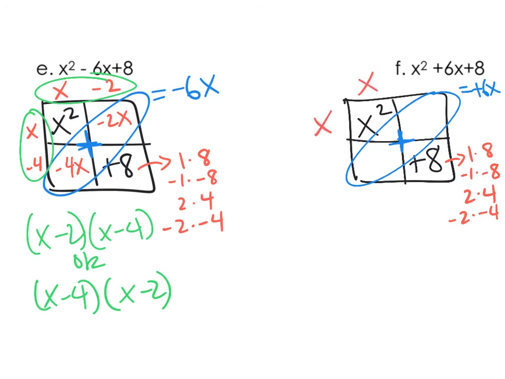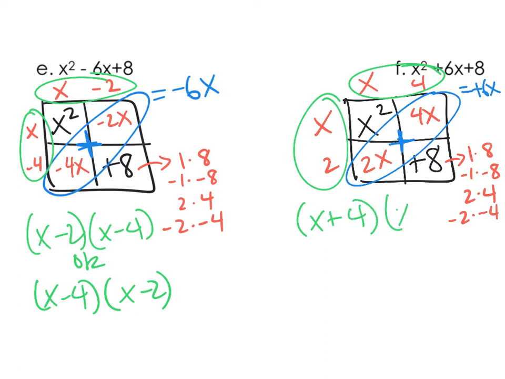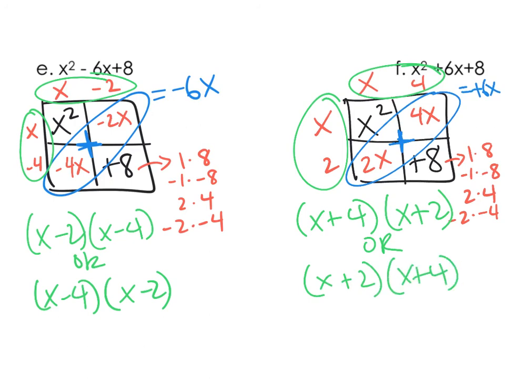So if you try it out, it ends up working with a 2 and a 4 because 2x plus 4x become 6x. So your answer is x plus 4 and x plus 2, or the other way around, x plus 2 and x plus 4. Either one is perfectly fine.